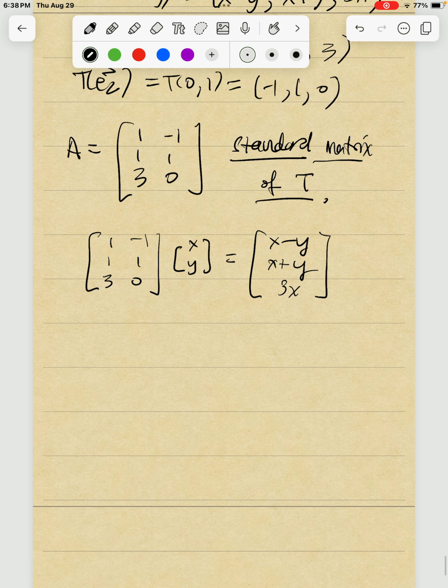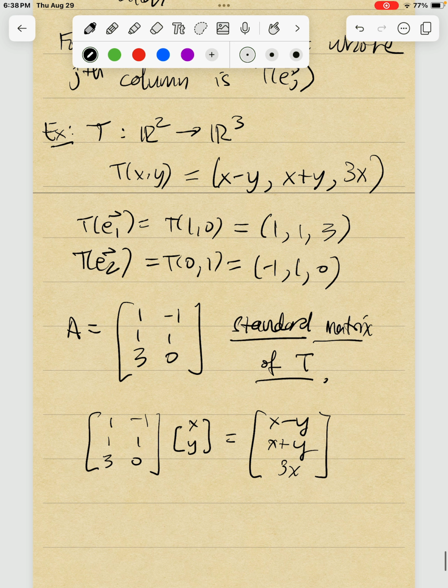Now let's look at what we can get from this matrix. The main thing we're interested in is the image of the linear transformation. In other words, in this example, how do you describe all the output vectors of this map? When you plug in a vector xy, you get a vector in R3, x minus y, x plus y, 3x.